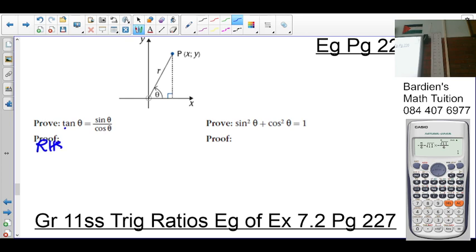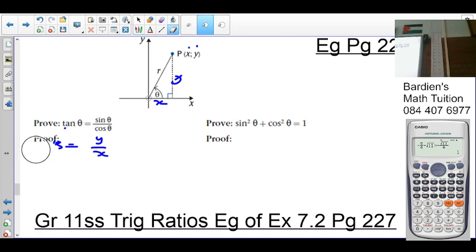Remember, that's your y and x. What does tan stand for? Opposite over adjacent. So your right hand side is y over x. Now I can prove that your left hand side is also y over x.